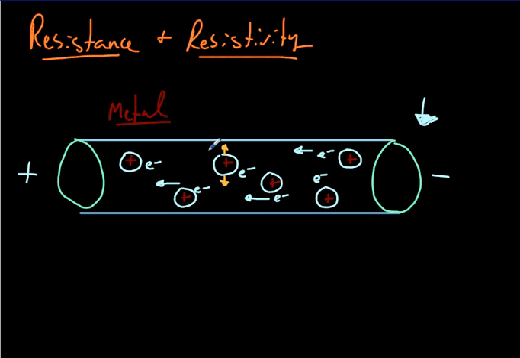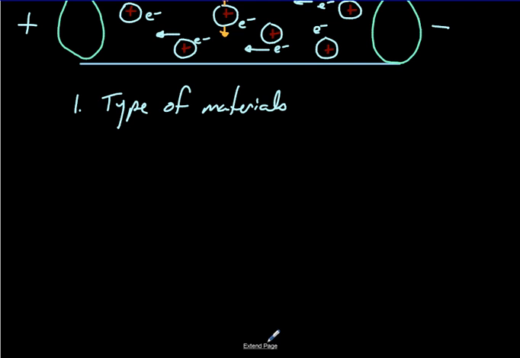But what we're really interested in here is how does this affect the overall resistance? So there's a couple things to consider, okay? When we're talking about how much resistance a piece of wire will have, first is the type of material. Different materials have different natural impedances or resistances.